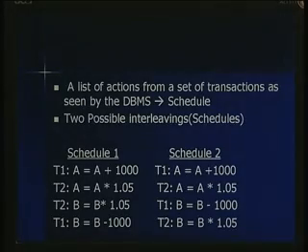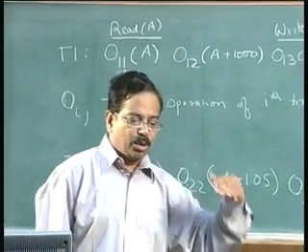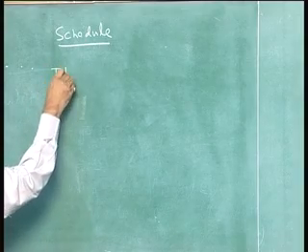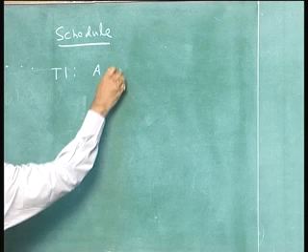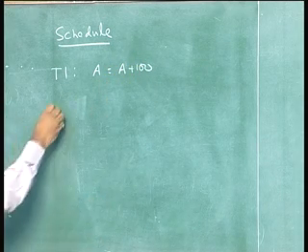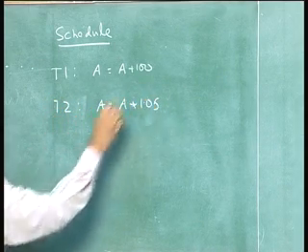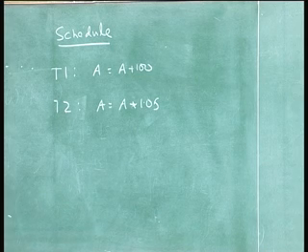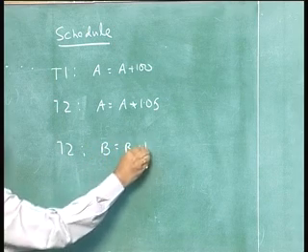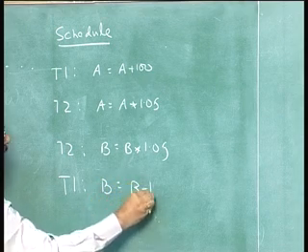You can see here it is possible for these two transactions to execute concurrently. One set of interleavings shown is: the operation of T1, A equals A plus 1000, is executed here, then T2 is executed, which is equivalent to saying A equals A times 1.05, followed by the T2 operation on B, then T1 again, B equals B minus 1000.